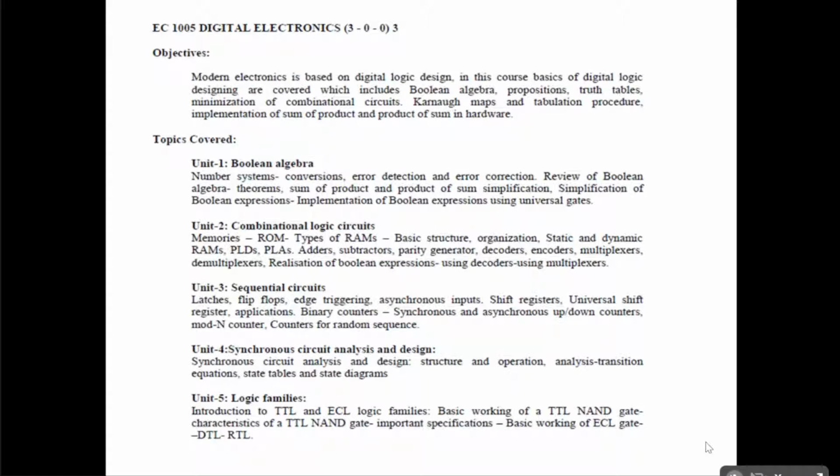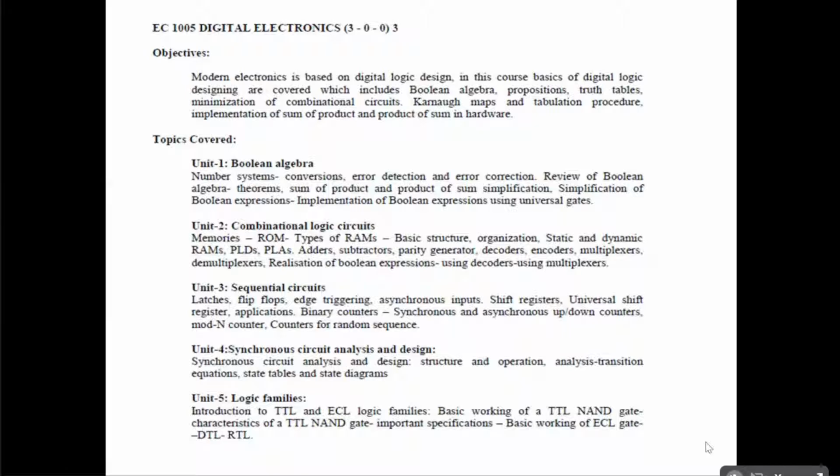So, this is the syllabus of our digital electronics subject. In this, we have 5 units. The first unit is Boolean algebra. In this, we are going to see number system, conversion of number system, sum of product, product of sum, simplification of Boolean expression, and implementation of Boolean expression using universal gates.